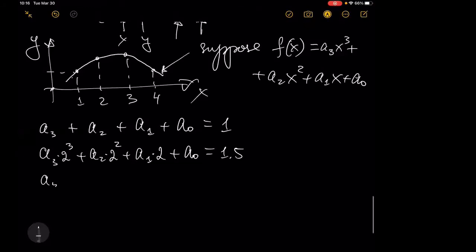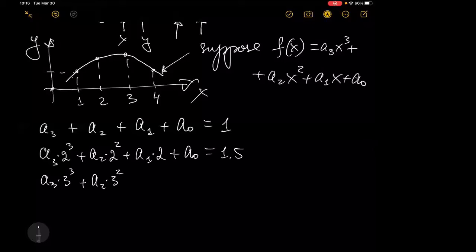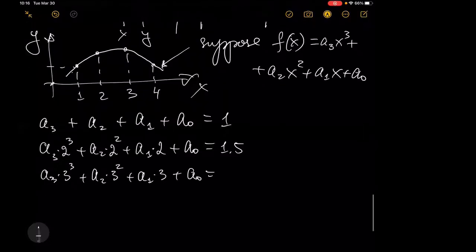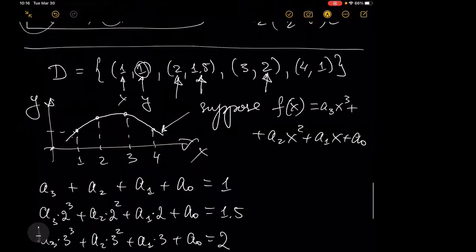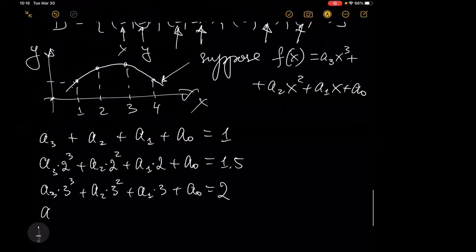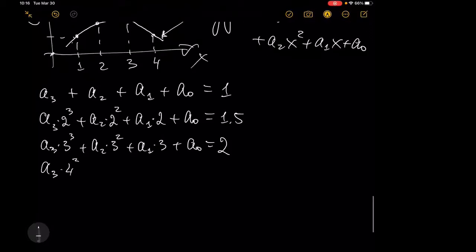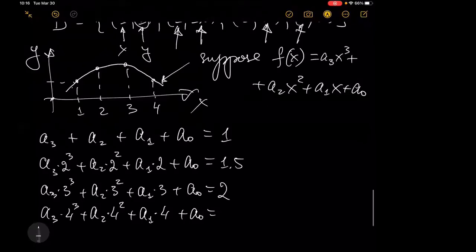Then a3 multiplied by 3 cubed plus a2 multiplied by 3 squared plus a1 multiplied by 3 plus a0 equals, here it is, 2. And finally, for the last point, for x equal to 4, a3 multiplied by 4 cubed plus a2 multiplied by 4 squared plus a1 multiplied by 4 plus a0 equals 1.